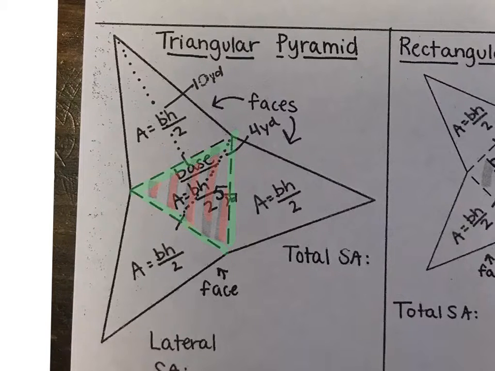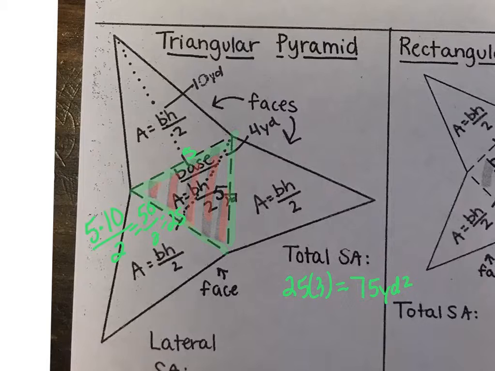So the base is 5, times the height, which is 10, divided by 2. 5 times 10 is 50. Divided by 2 is 25. So I have 3 triangles at 25 each. 25 times 3 is 75. Okay? So 75 is the lateral surface area, and it's going to be yards squared.